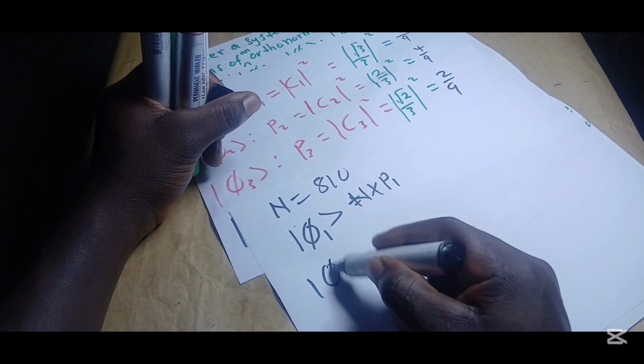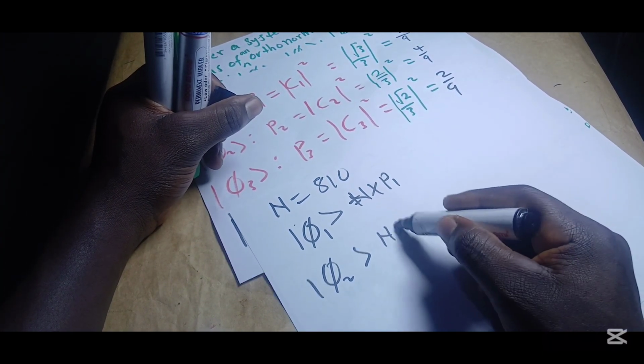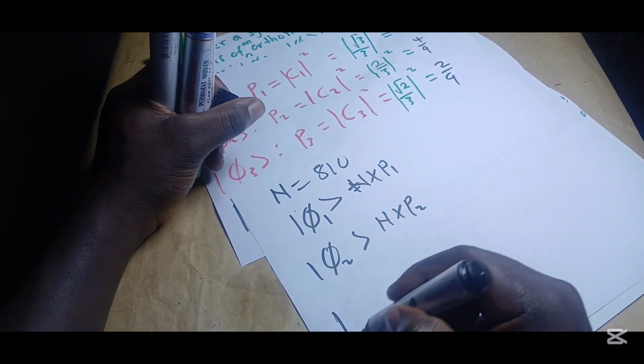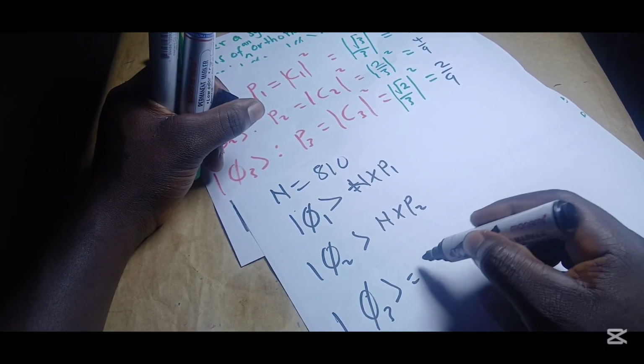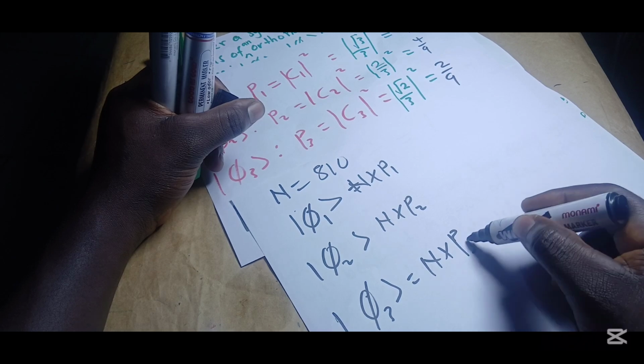For phi 2 it is going to be N times p2, and for phi 3, N times p3.